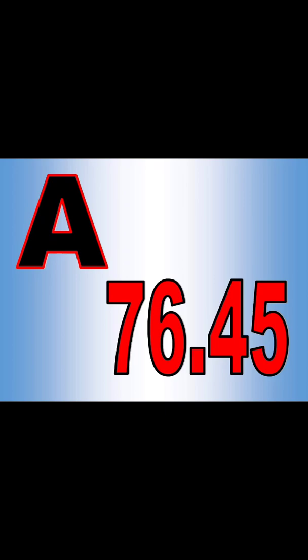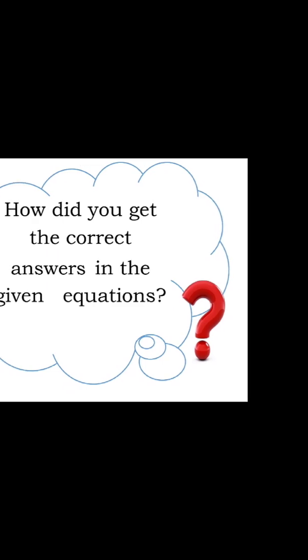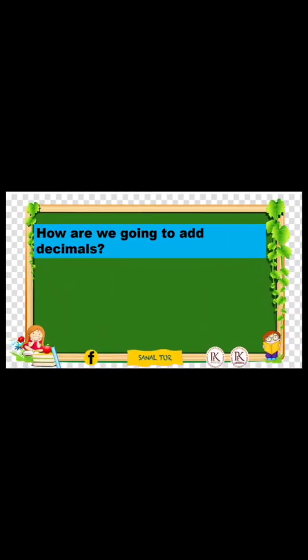If your answer is 76 and 45 tenths, you got the correct answer. If your answer in letter B is 2 and 68 hundredths, wow! How did you get the correct answers in the given equation? How are we going to add decimals?